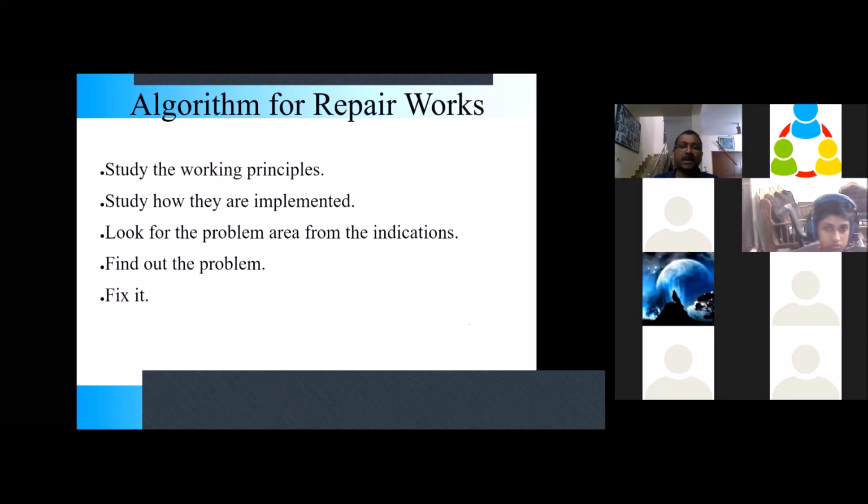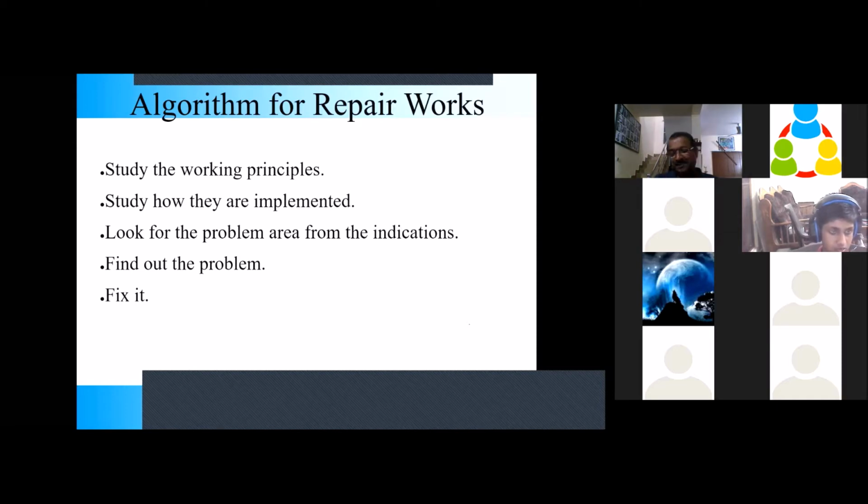There will be some indications. From the indications, we can go over to the problem. We can find out the problem from the indications we get. Then it is simple, fix it.